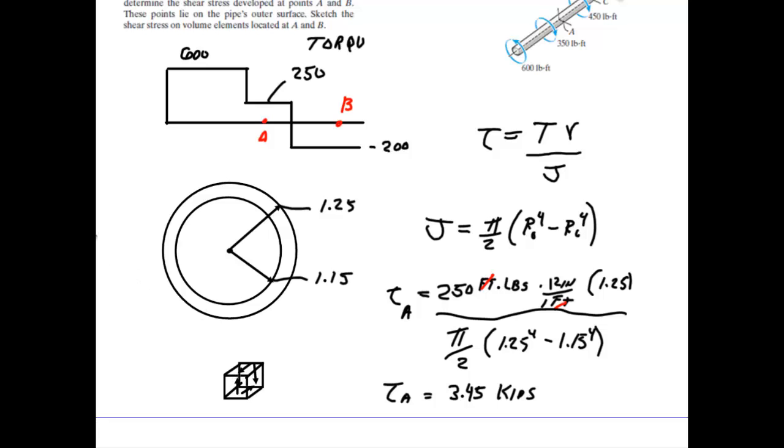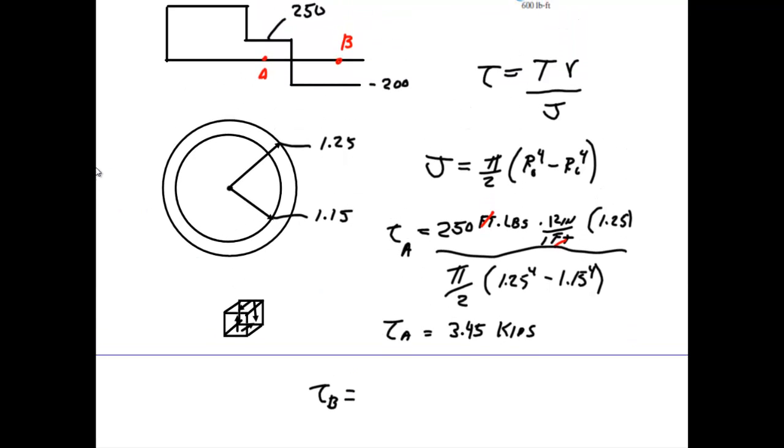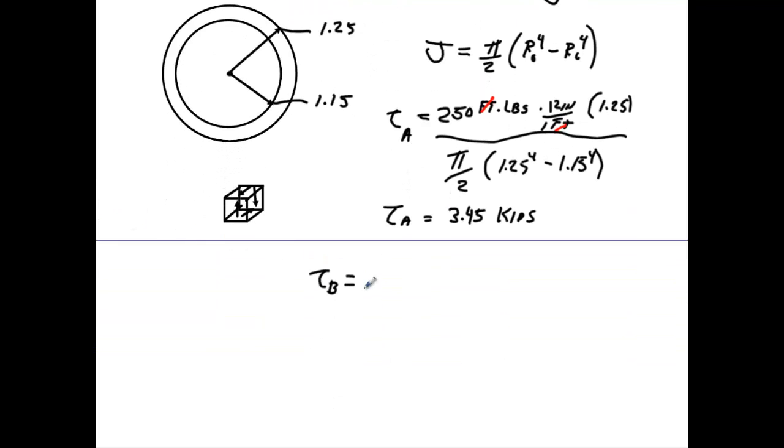Now let's do the shear stress at B. We go to the torque at B, which we said was 200. Don't worry about the negative, because it just means go in the other direction.